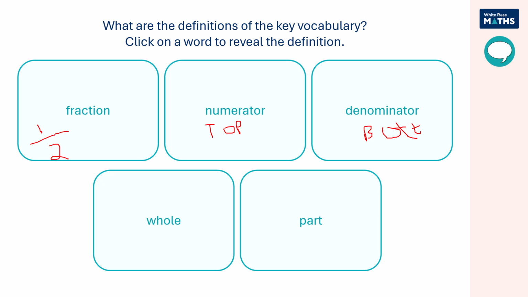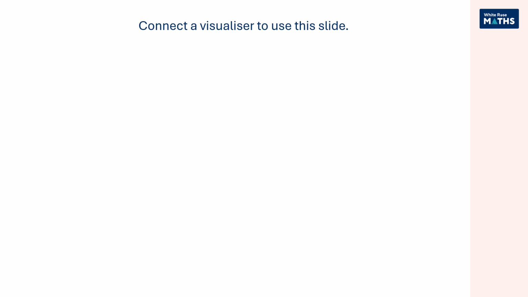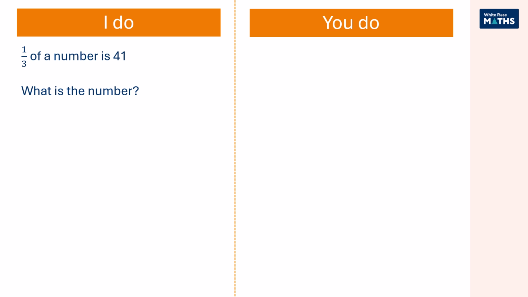I apologize about my handwriting. Whole is equal to a whole number, like 1, 2. We always call it an integer, and part is part of a whole, same as a fraction. So this has actually been done, guys, in case I've done this earlier.